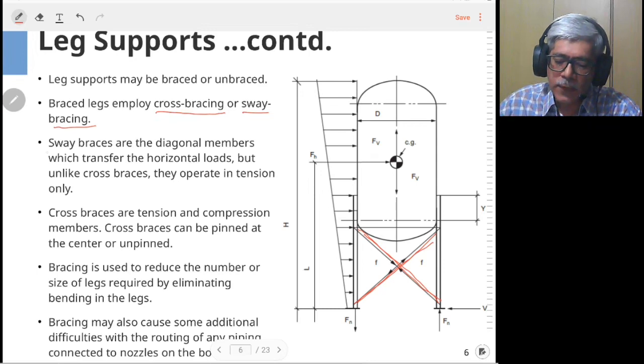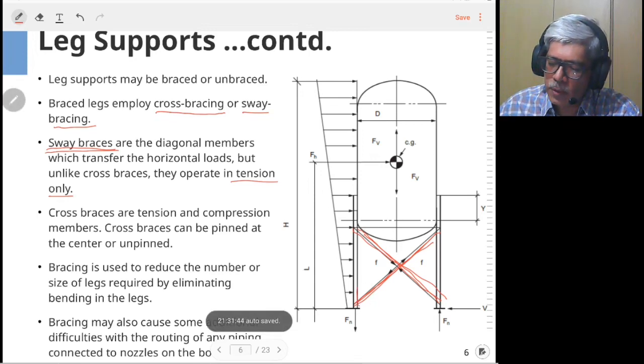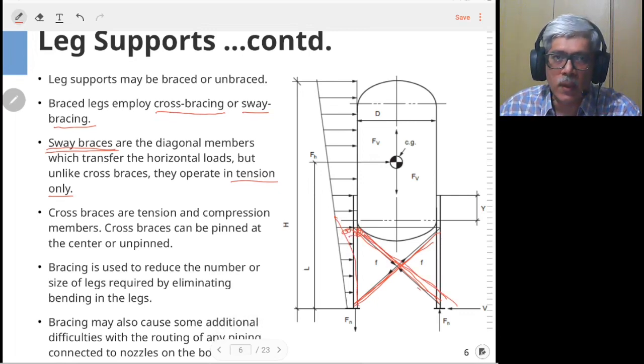In the sway braces, the elements which are used for joining the legs together are tension only members. So essentially they are cables. They are stretched, and they can take only tension. So if this leg tries to bend outward, this particular brace which is attached will try to resist that rotation of this leg, and that is how the braces help.